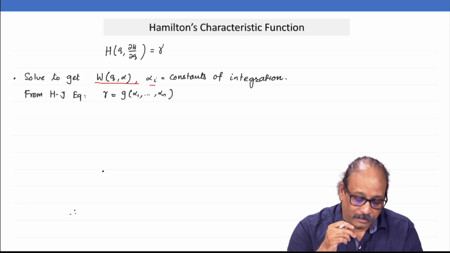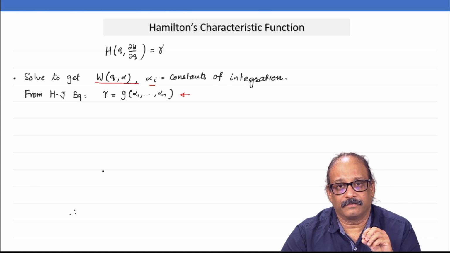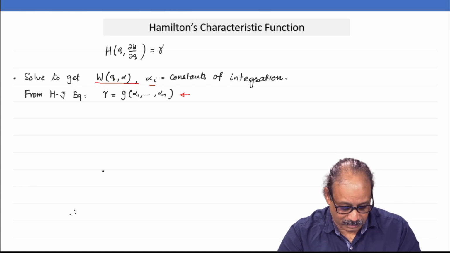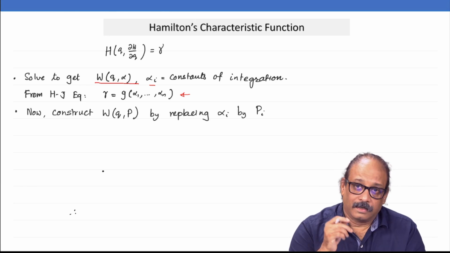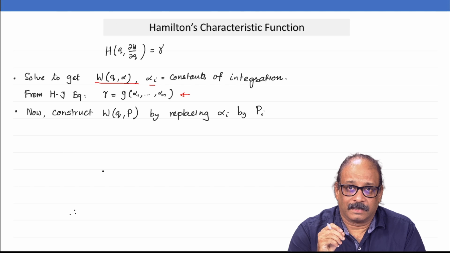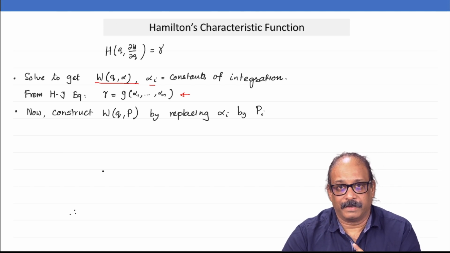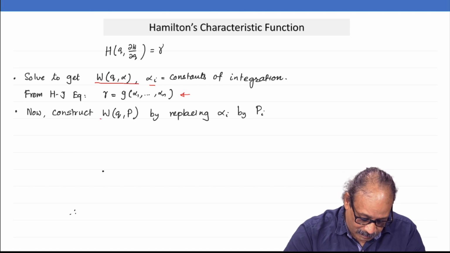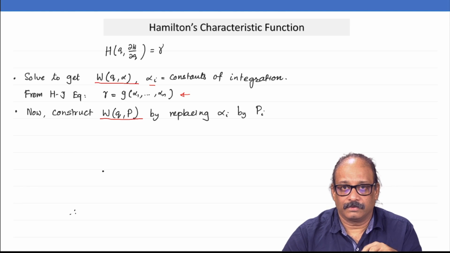Then from the Hamilton-Jacobi equation, I argued that gamma must be a function of only the alpha variables. Okay. So, it is some function g, say. Now, we construct that canonical transformation by replacing all alphas by P. Okay. So, I get this function W, which is a function of small q and capital P.